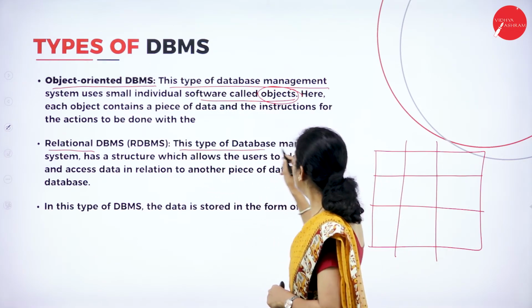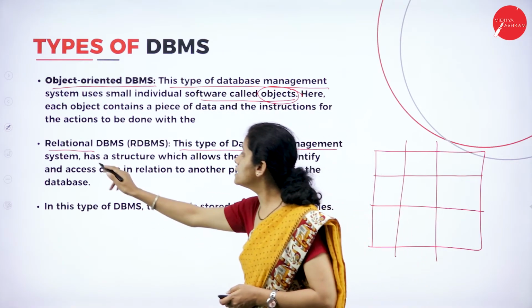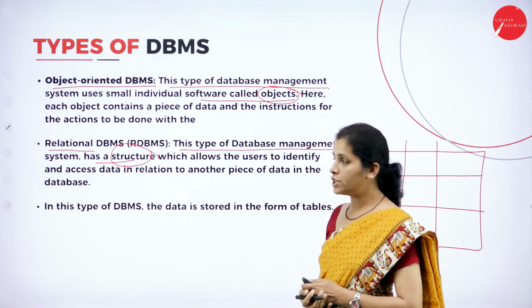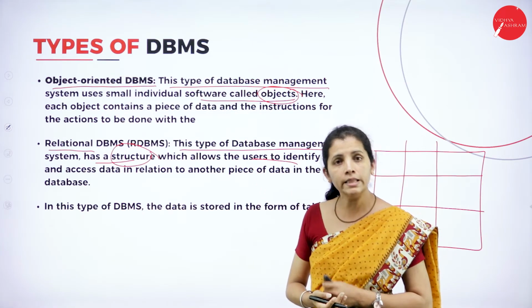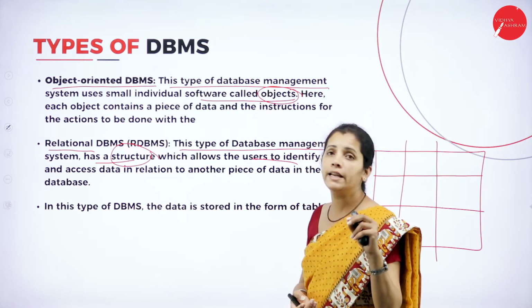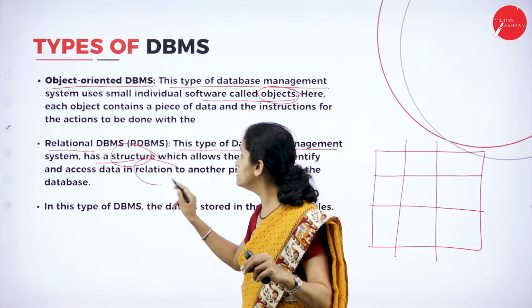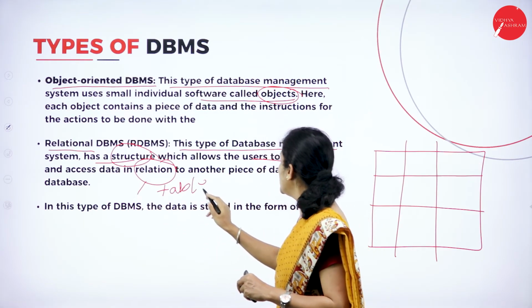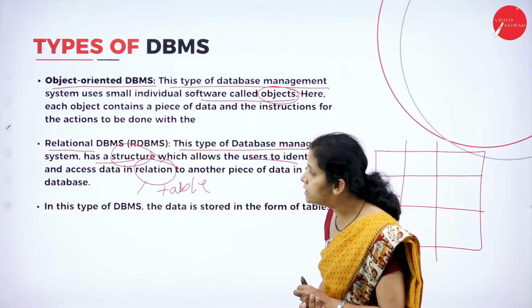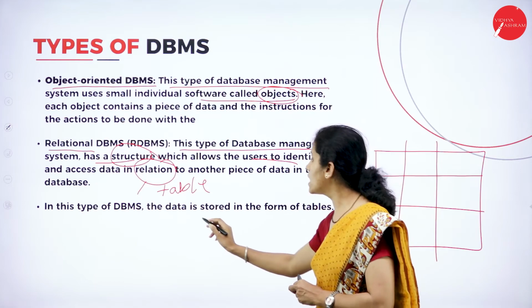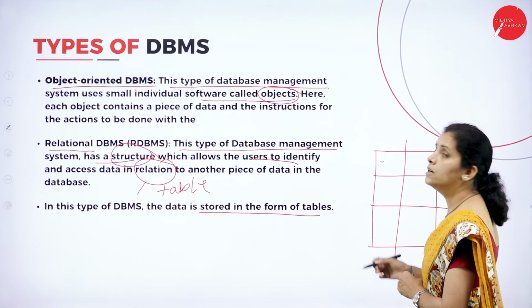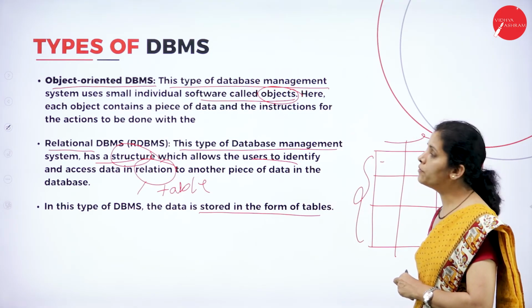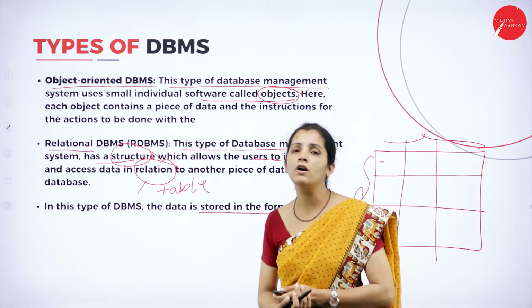It uses a well-defined structure which allows the user to identify the data as well as access the data in the relation. What is a relation here? That is nothing but a table, to obtain a piece of data in the database. Here data are stored in the form of tables. Table means I have columns and I have rows, and this kind of representation is the best example for a relational database management system.